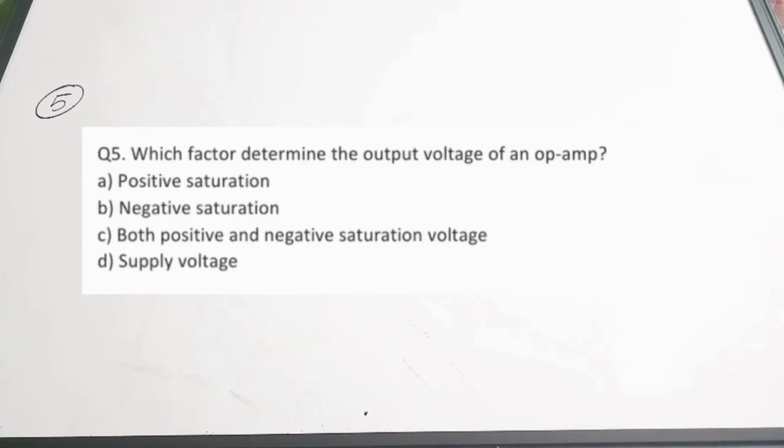So both these values are very important. They determine the output of your op-amp. So the factor which determines the output voltage of op-amp is option C, both positive and negative saturation voltages. Fifth question, correct answer is option C.